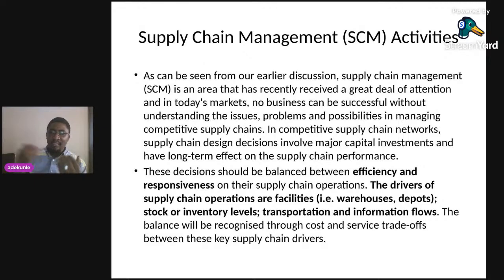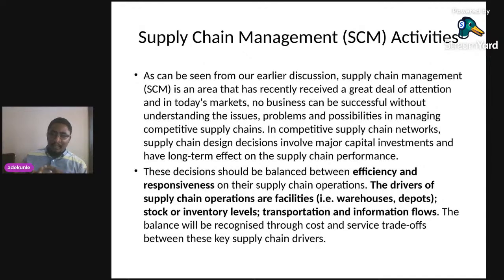So all these come together, and making the right decision on how you want to impact your supply chain will greatly affect what your decision and investment will be like. These decisions can affect how you find a balance between efficiency and your supply chain operation's responsiveness. And of course, to strike a balance between efficiency and responsiveness, there are drivers to that.